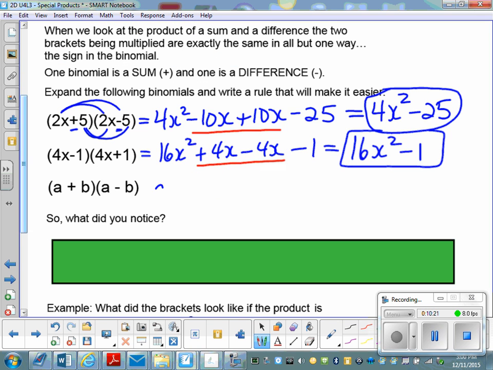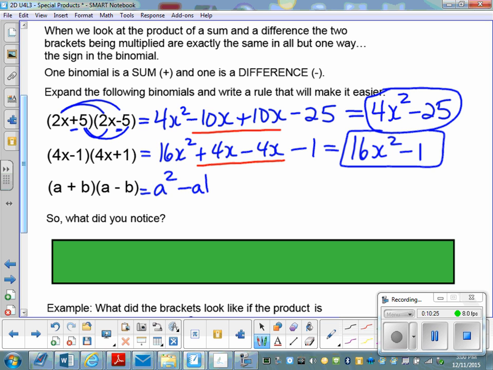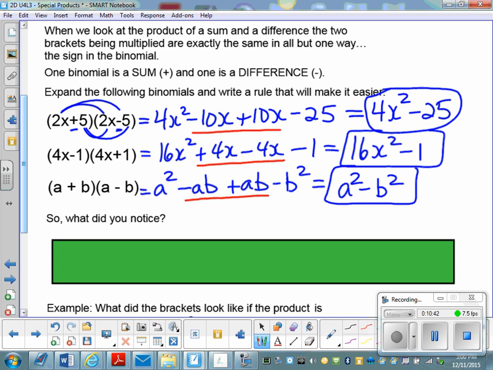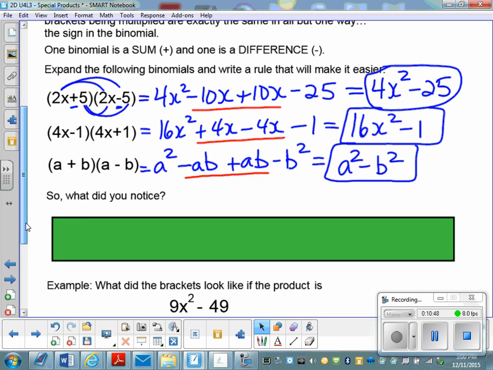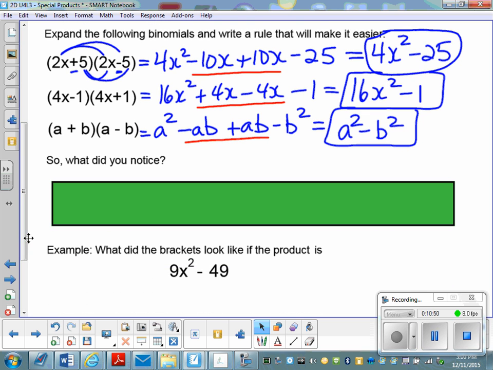In this last one, I get a squared minus ab plus ab, and then minus b squared at the end. And even with all variables there, you can see in the middle, those two are going to cross each other out. So we get a squared minus b squared. So think about when you look at that, what did you notice when we multiply those things together?